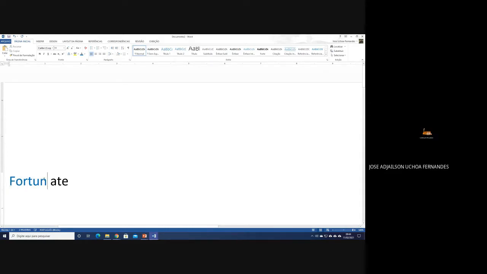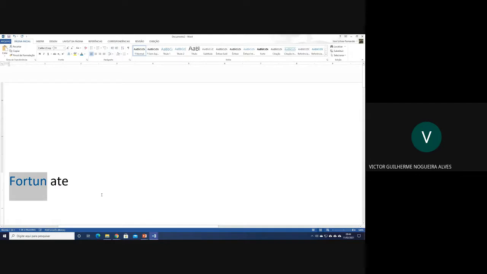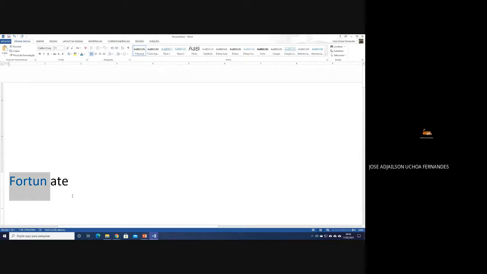Although there was a change, there was an e here that was dropped, but do you understand this alone? Fortune. I can associate with other words that I know. Yeah, fortune, fortunately, fortunate, fortune, like this. Yeah, okay, it's possible to know, to associate.